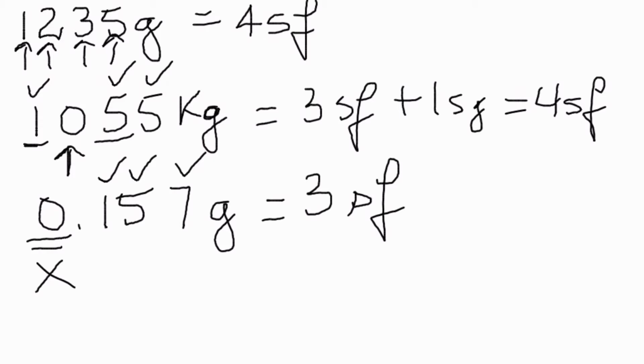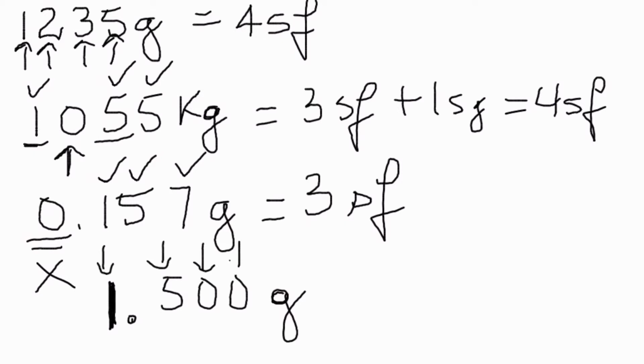If I have a measurement of 1.500 grams, I have 1, 2, 3, and 4 significant figures, because the two trailing zeros are to the right of the decimal point and they are significant also. So that's 4 significant figures.